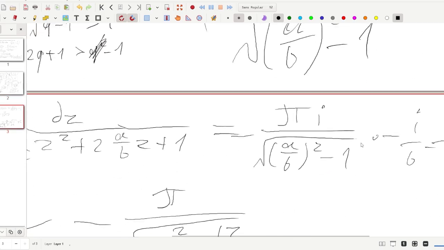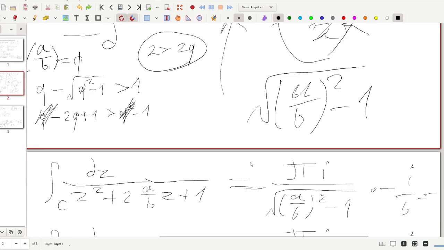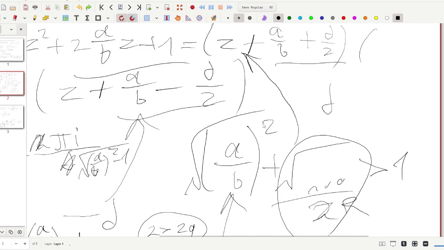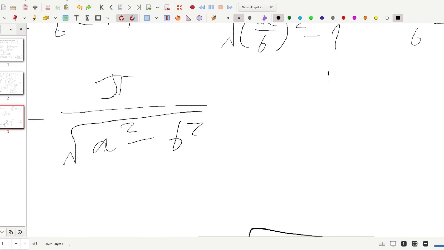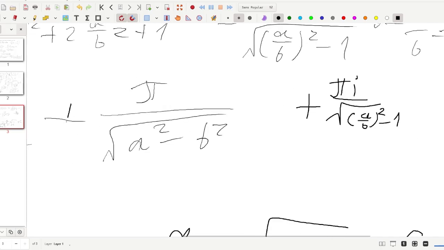So now I should get the part with the other root sign when working with this, and this would lead to the residue being, instead of negative pi I over root of a over b squared minus 1, without the negative, so plus, and here is also going to be plus. So this is going to be the answer.